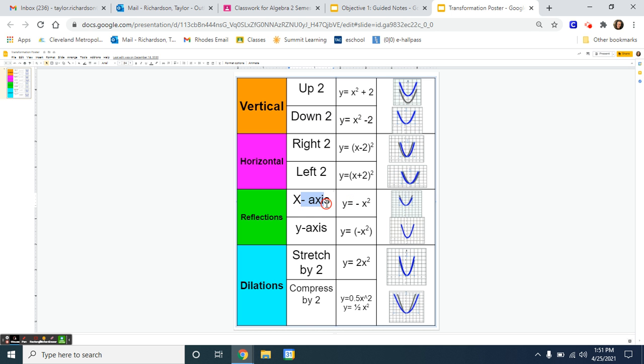So if you're flipping over the x-axis, it's going to be flipping down, okay? There's no numbers involved here. It's just straight what axis you're flipping it over. So a reflection over the x-axis is y equals negative x squared. Notice that negative out front makes everything negative and it flips down.